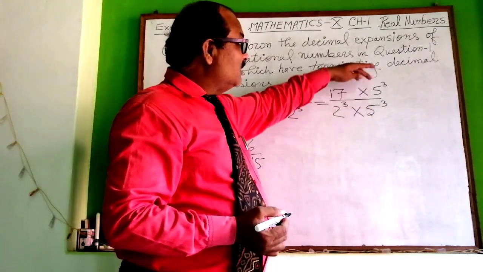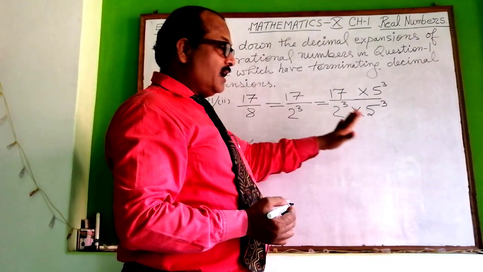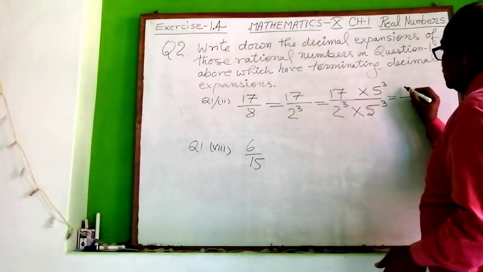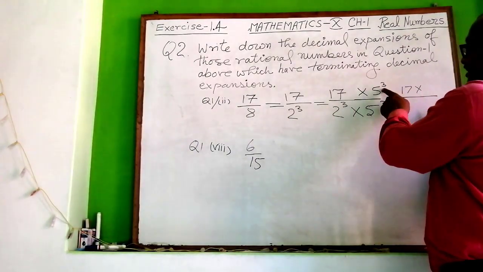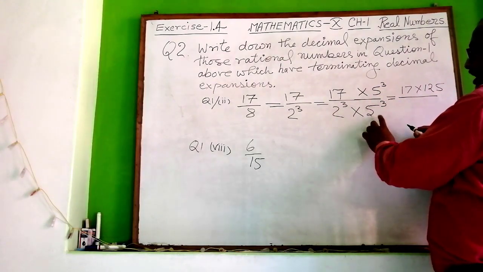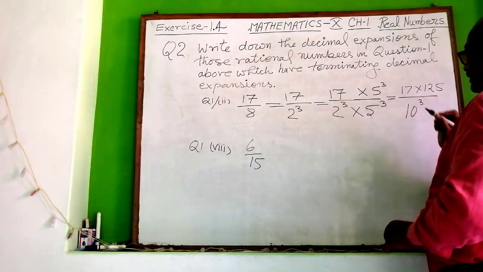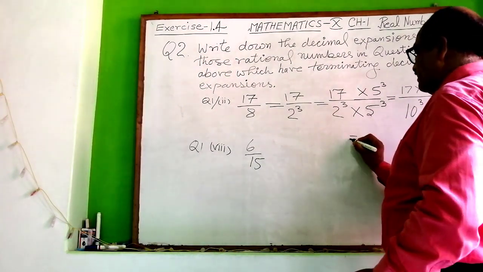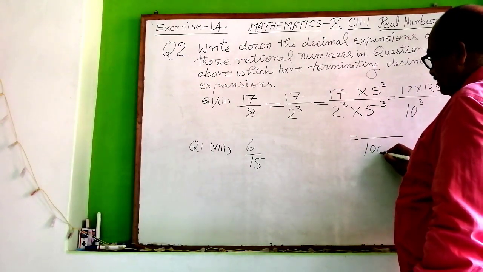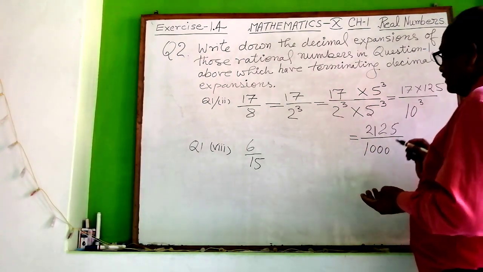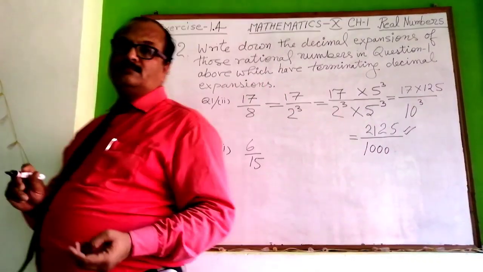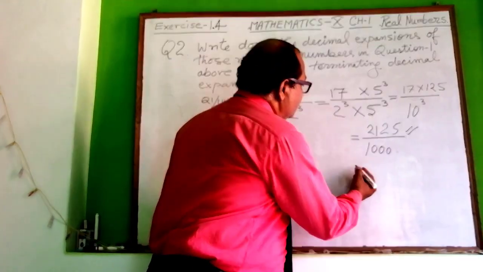Now you can see there will be no change in the rational number and you can do this work very easily. 17 into 125 is 2125. Here you can write 10 raised to the power 3. 10 raised to the power 3 means how much? 1 followed by 3 zeros. Just check whether it is correct or not. Yes students, it is correct.